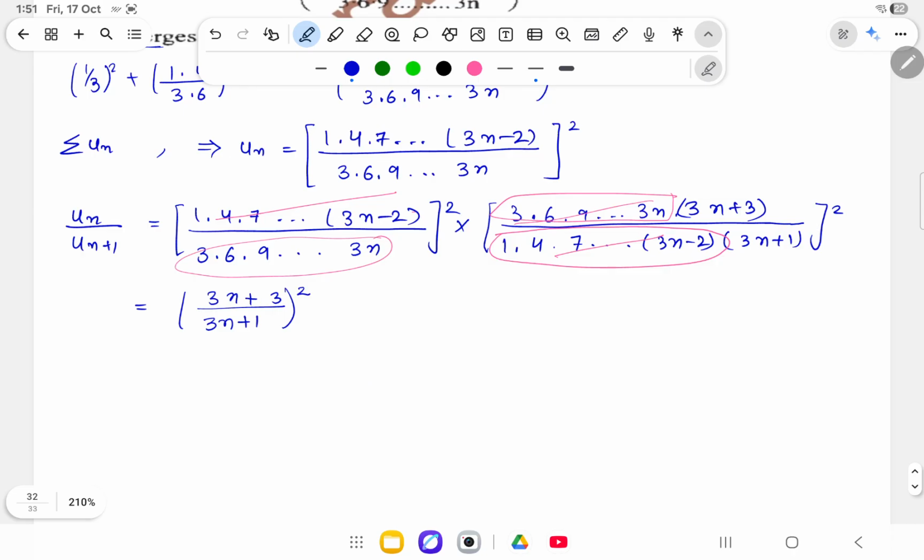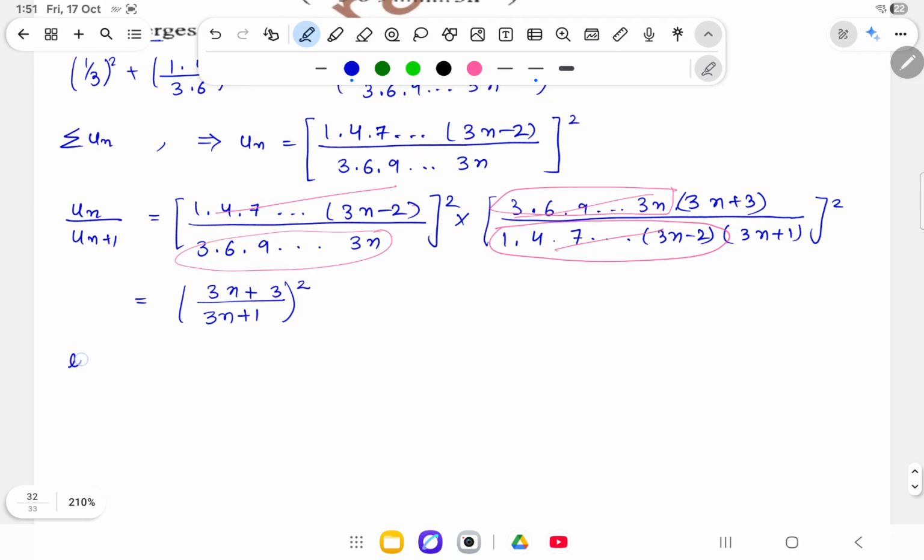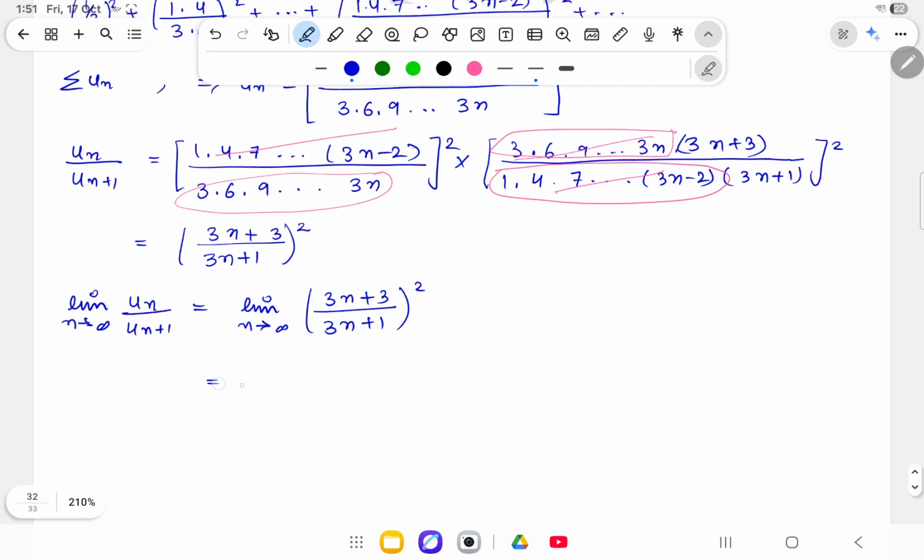Now let's see what will be its limit. So limit n approaches infinity un by un plus 1 will be equal to limit n approaches infinity 3n plus 3 divided by 3n plus 1 whole square. So it will be equal to limit n approaches infinity 1 plus 3 by 3n divided by 1 plus 1 by 3n whole square.